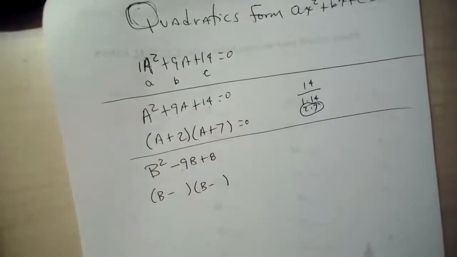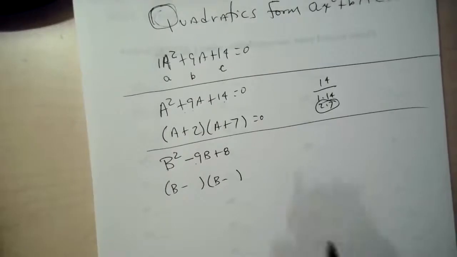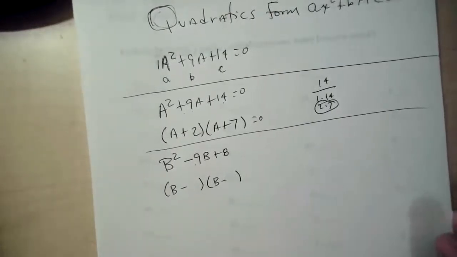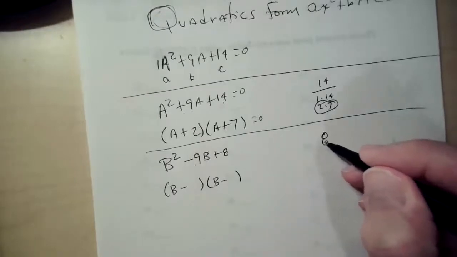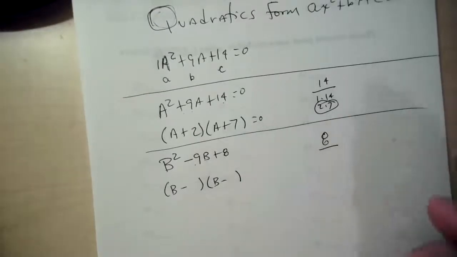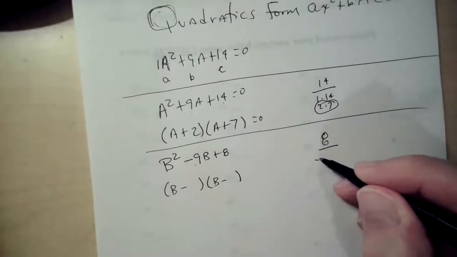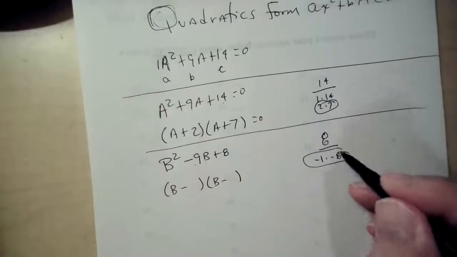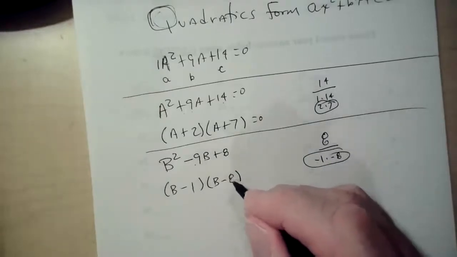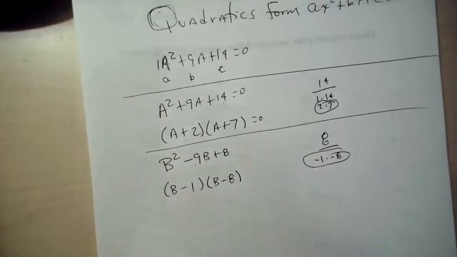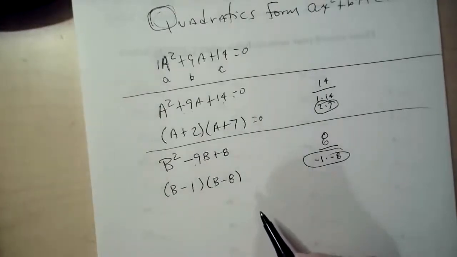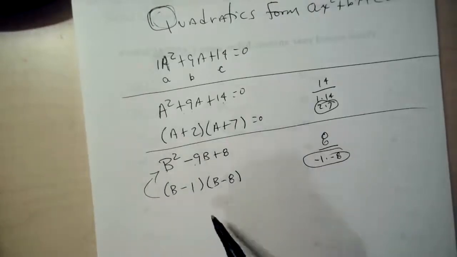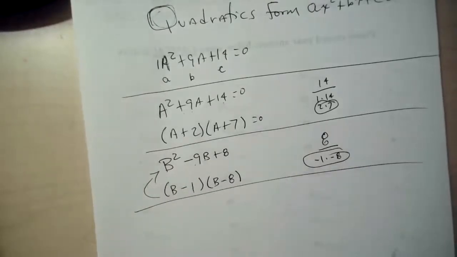Because when we do the distributive property, the last thing we do is this number times this number, and negative times a negative is a positive. So we want the factors of 8 that add up to -9. We have -1 times -8. That's it, isn't it? We don't have to go any further. -1, -8. And you can do the distributive property here to double check, and it'll come back to that.